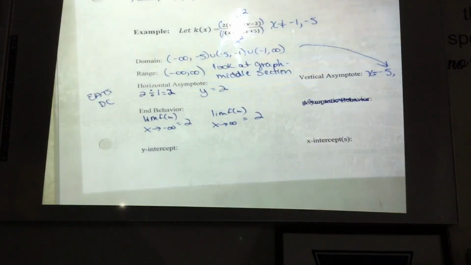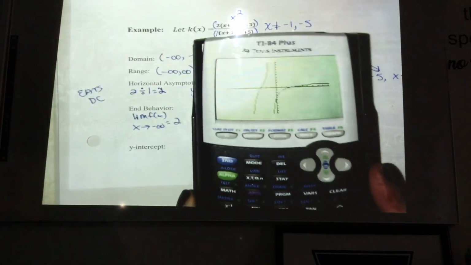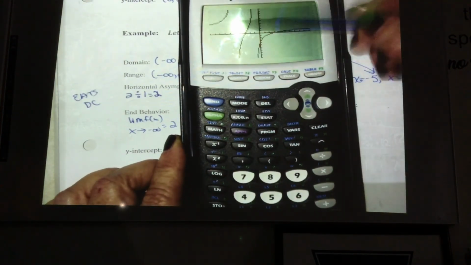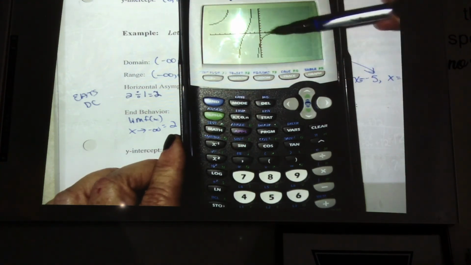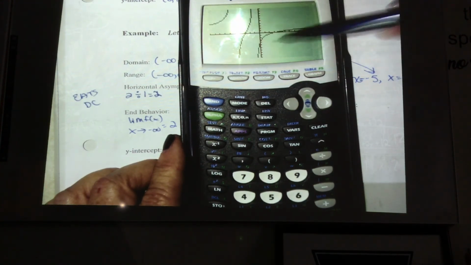And if I look at it graphically, that should make sense. As x moves to the left, the graph is approaching 2. As x moves to the right, the function is also approaching 2. Okay, that's my end behavior.